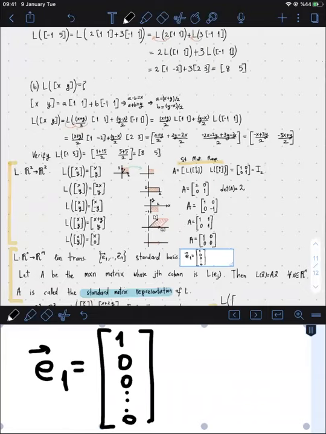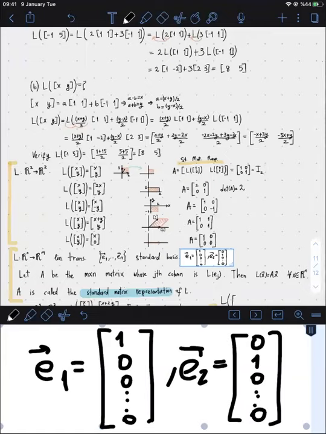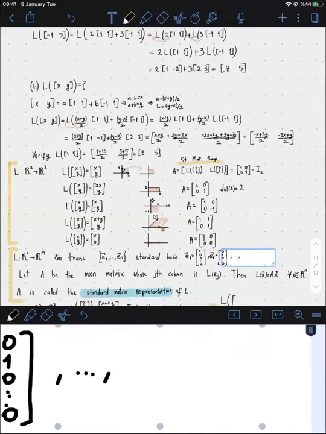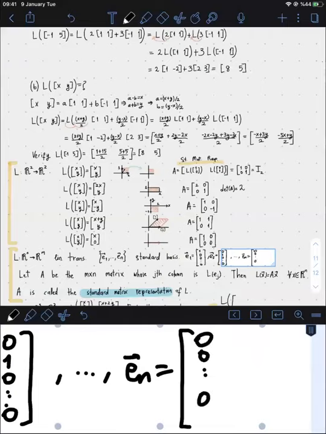E2 is the vector whose second component is 1 and the others are all zeros, and it goes like this. The vector En is the vector whose components are all 0 except for the last one. These vectors form the standard basis of Rn.